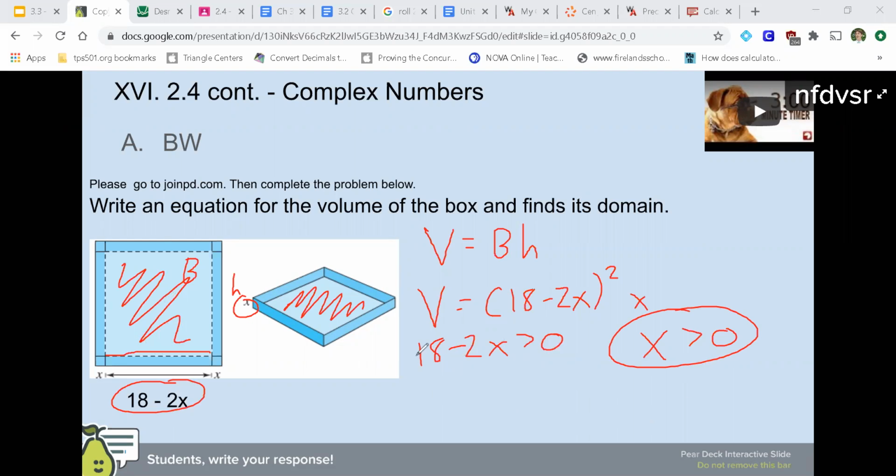To solve this one is 2 steps. Subtract 18. -2x is greater than -18. And divide by -2, which gives us x is less than 9.